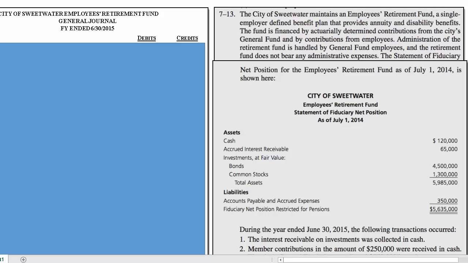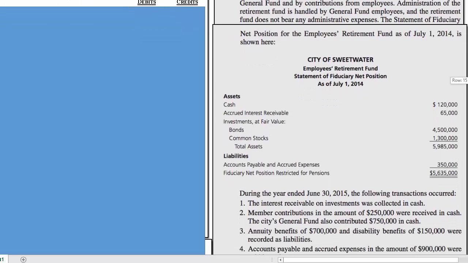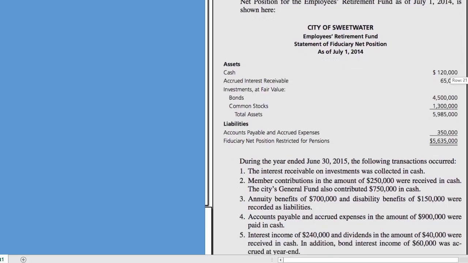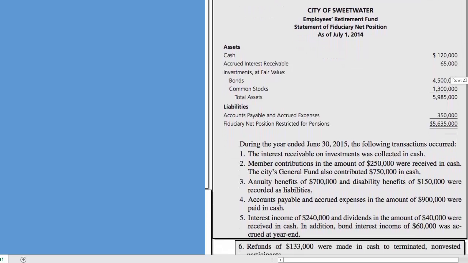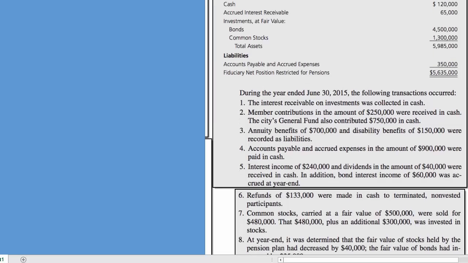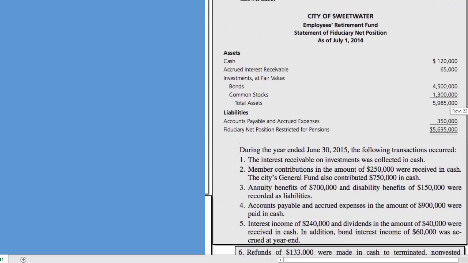All right, so what they do is they give us the beginning net position for the Employees Retirement Fund, and you can see that here. And then as we scroll down, we will start to see some information they provide. During the year ended, interest receivable on investment was collected in cash, so we can tackle that one.